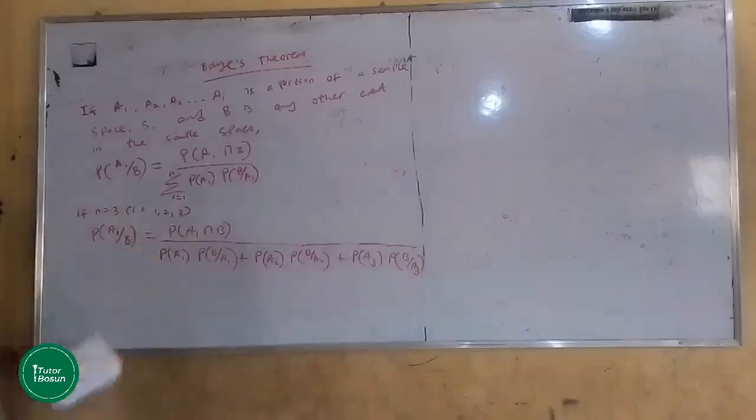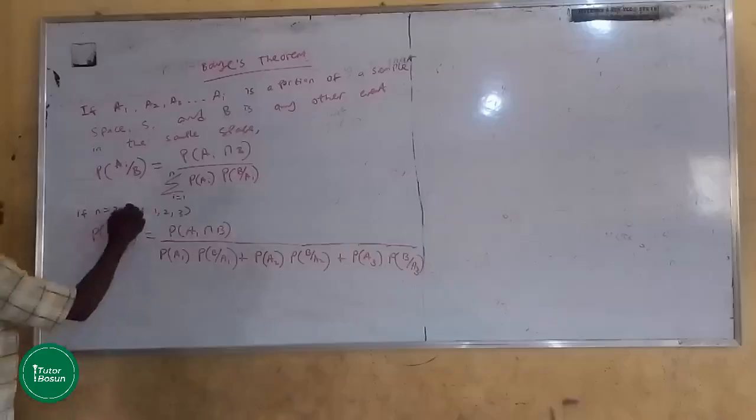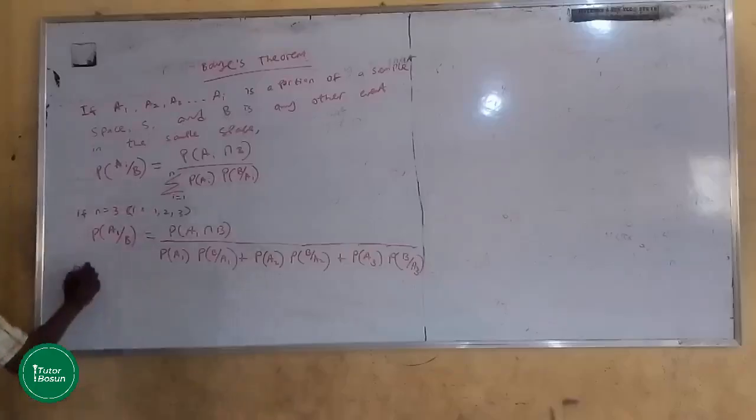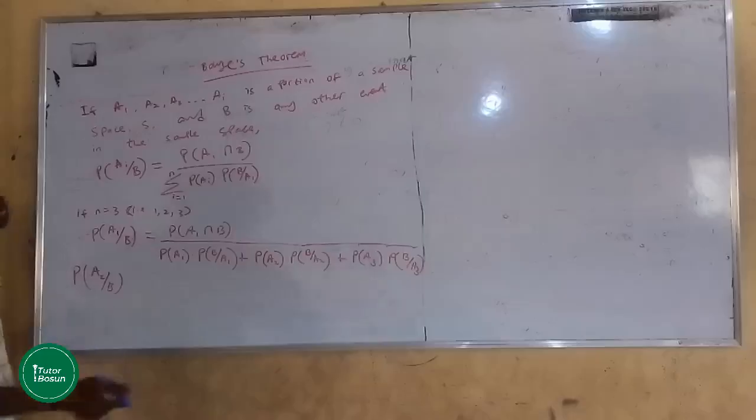I'm doing it up to 3 because I just assume n to be 3. The same thing applies to the conditional probability of A2. That's the work of Bayes' theorem to determine conditional probability. So anytime you are applying Bayes' theorem, conditional probability and total probability are the two things involved.